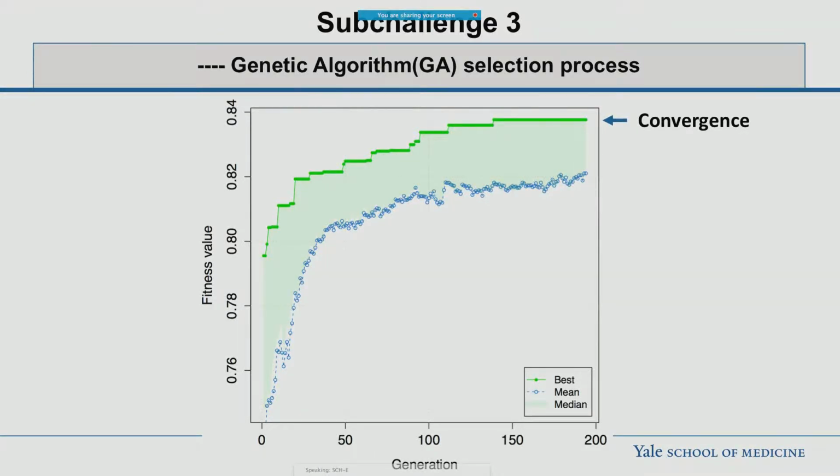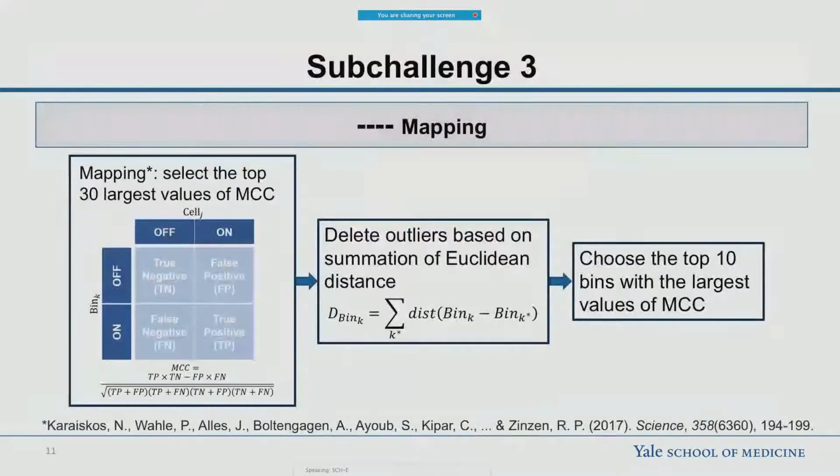At the beginning, the mean correlation between estimated and gold standard XYZ coordinates is less than 0.8. After 200 generations, the fitness converges at about 0.84. That's what we got as the final 20 gene set in our GA selection.